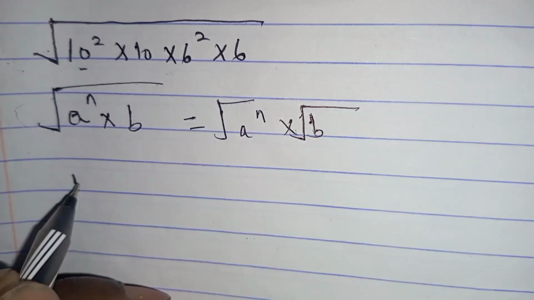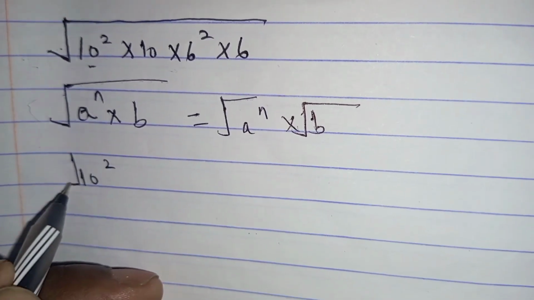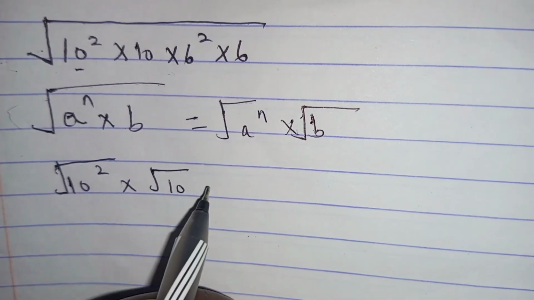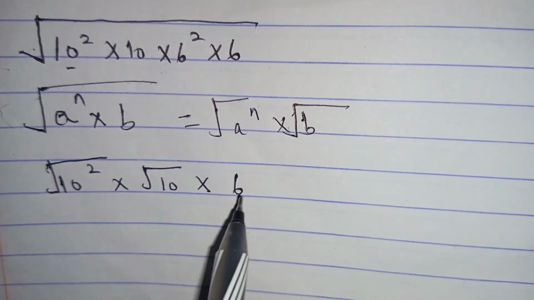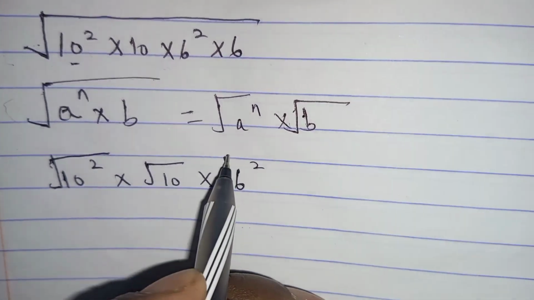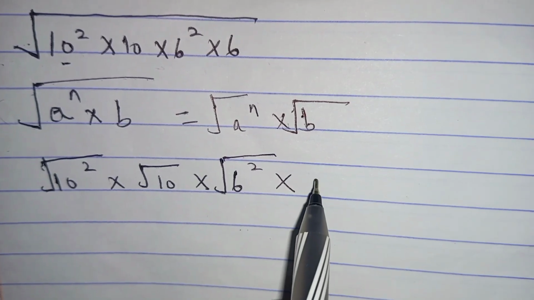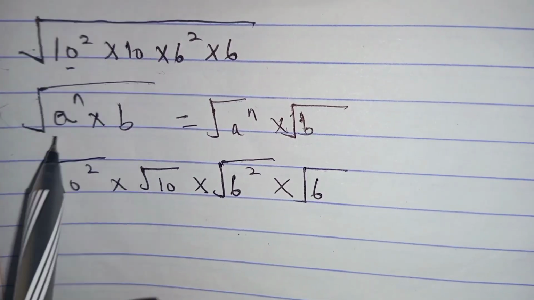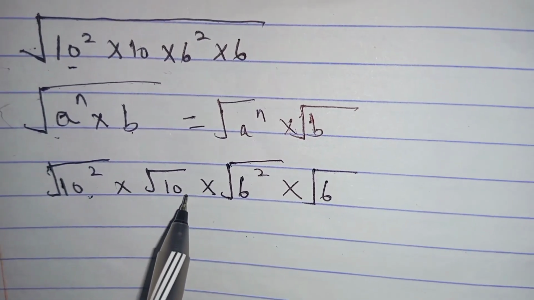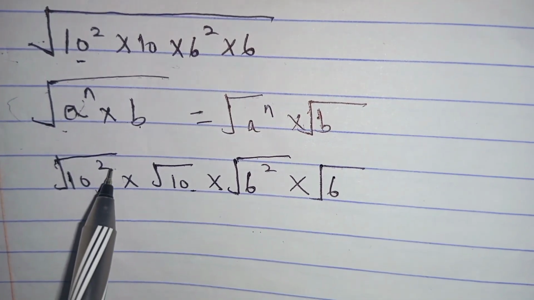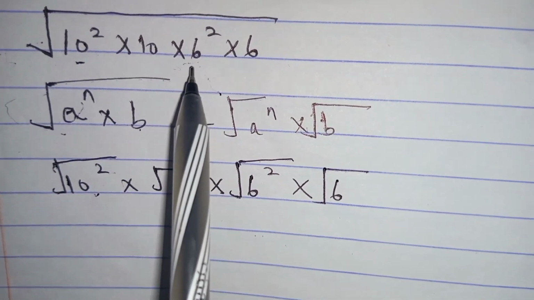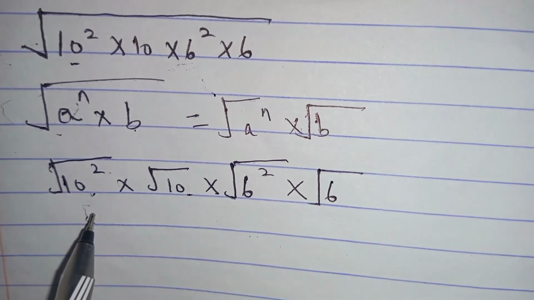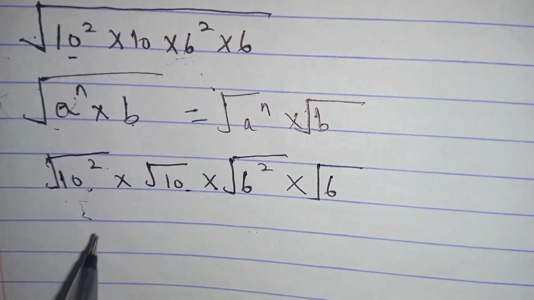So here we shall have the square root of 10 squared multiplied by the square root of 10 multiplied by the square root of 6 squared multiplied by the square root of 6. Making use of this identity here, our a is 10, our b is 10, and our n is 2. In the second part here, our a is 6, our n is 2. Now, the square root of 10 squared is 10.